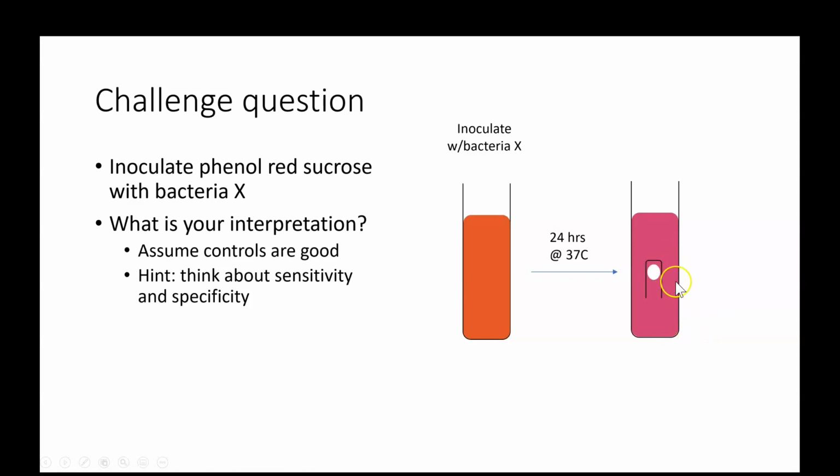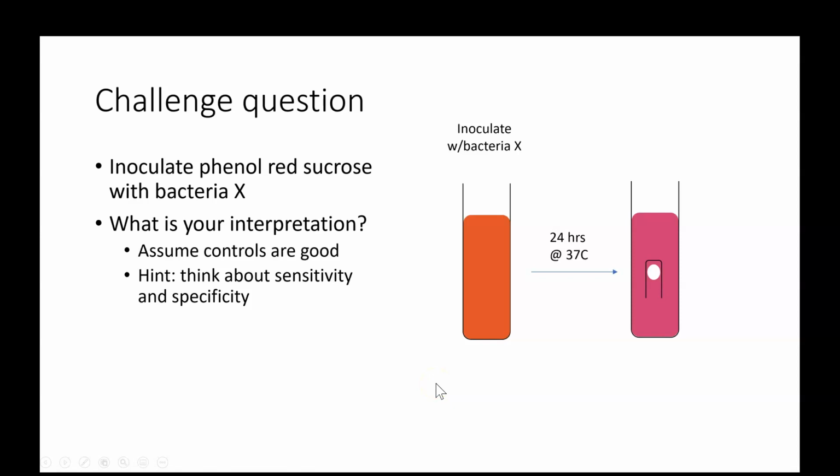I have a bubble, which tells us that fermentation took place, but the media is pink. Let's assume that all of our controls are good. This question really addresses sensitivity and specificity. So ask yourself, what could have happened here?